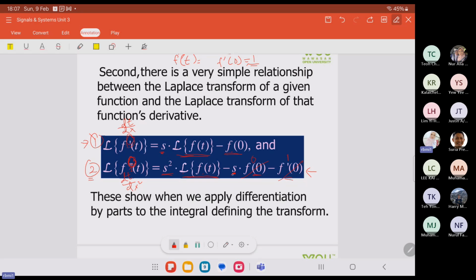So we must have this f naught, and the next one, minus f prime naught. So if f naught and f prime naught are given, this must be second derivative order. So these two are the theorems of the Laplace transform of derivatives: the transform of the first derivative and the second derivative.